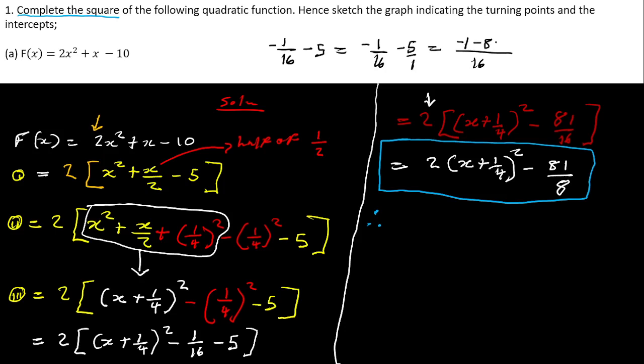So from here, this will give you negative 81 over 16. That's where it has simply come from.